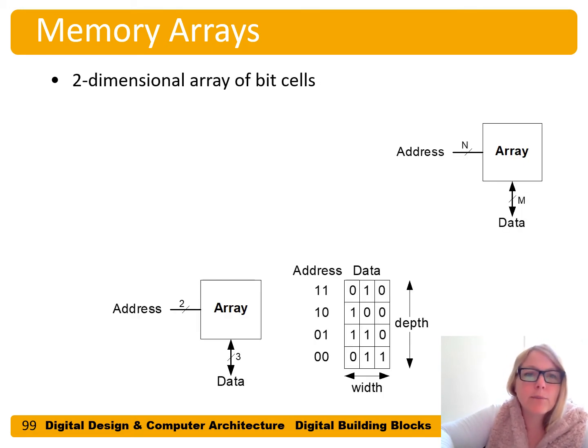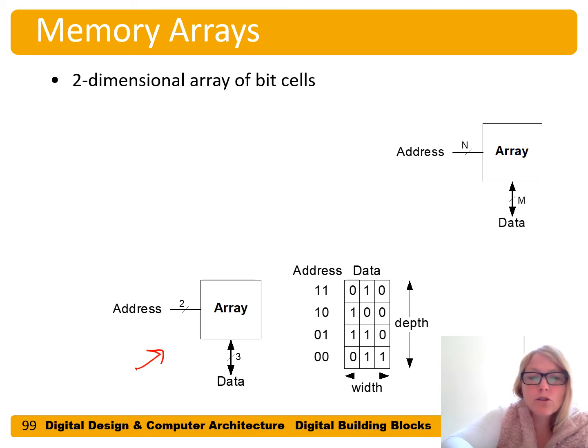So here's an example memory. It's really small, but the principles extend to larger sizes. Memory arrays are two-dimensional arrays of bit cells. And so here's the highest level view of our memory array. We have a 2-bit address in this case and 3-bit data.